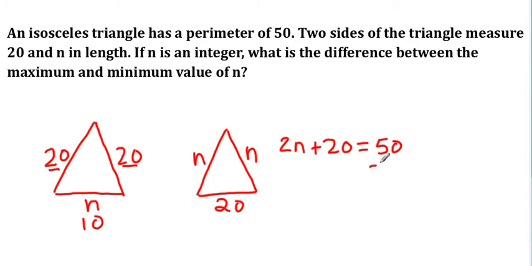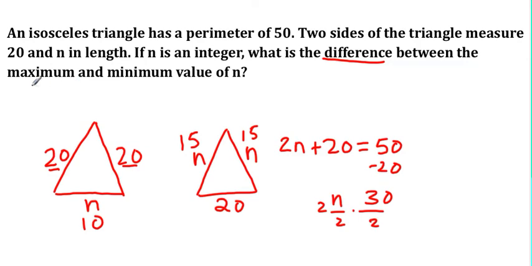Let's subtract 20 from each side. We get 30. n is going to equal 15. So in this case, we have 15 and 15. The difference between the maximum and the minimum value of n is 15 minus 10. 15 minus 10 is equal to 5.